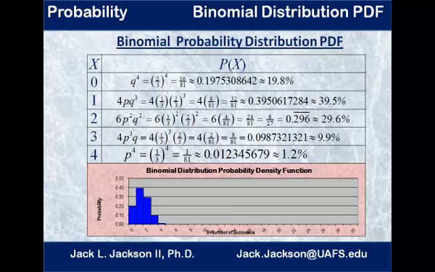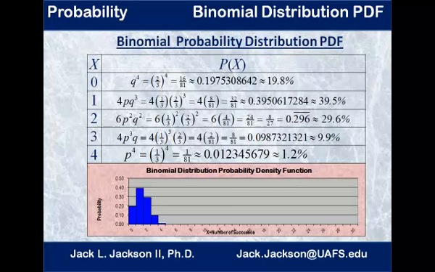You multiply fractions by multiplying all the numerators together to get the numerator and all the denominators together to get the denominator. So all the denominators are 3, and there are 4 of them, so we get 3 to the 4th, which is 81, for the denominator. It's just a question of what the numerator is. In this case, it's 16 over 81. And so that's the exact value for the probability of x equals 0.